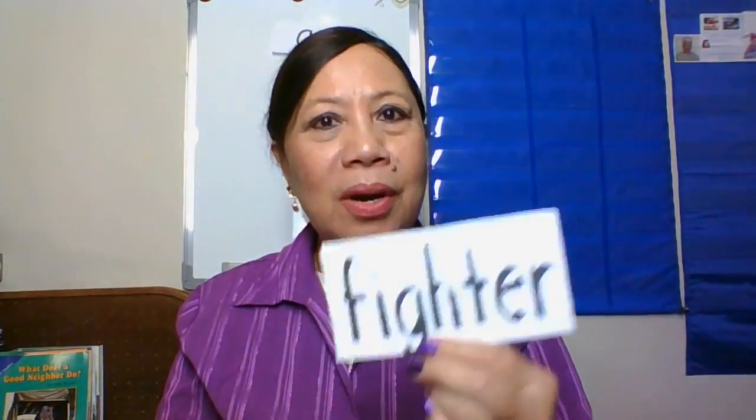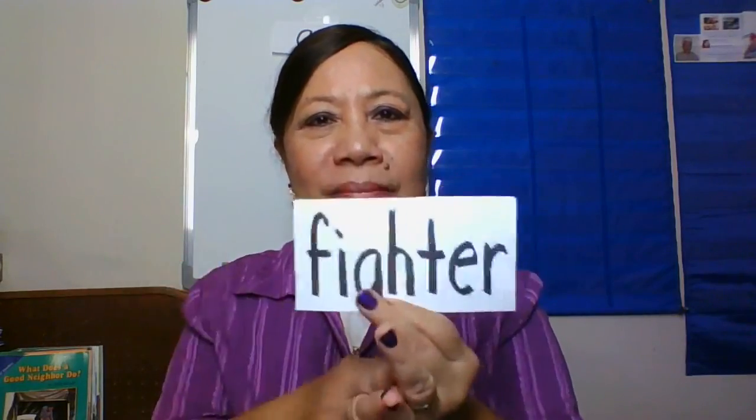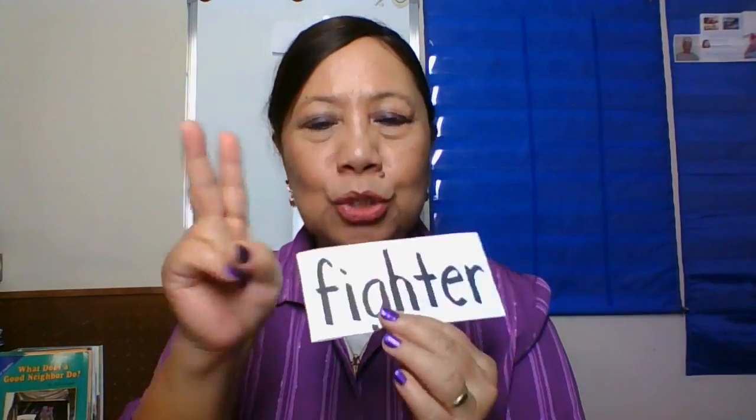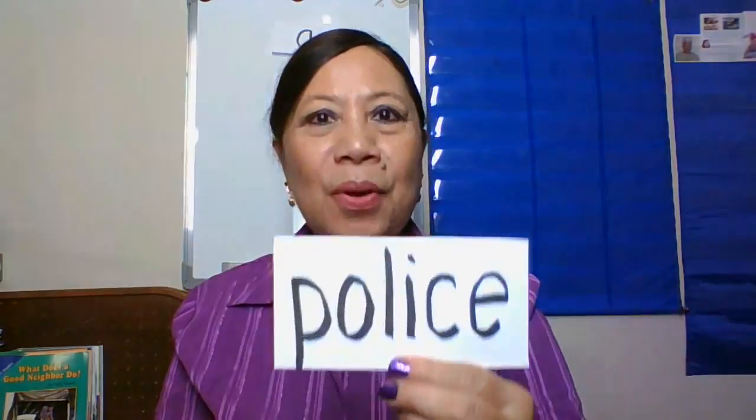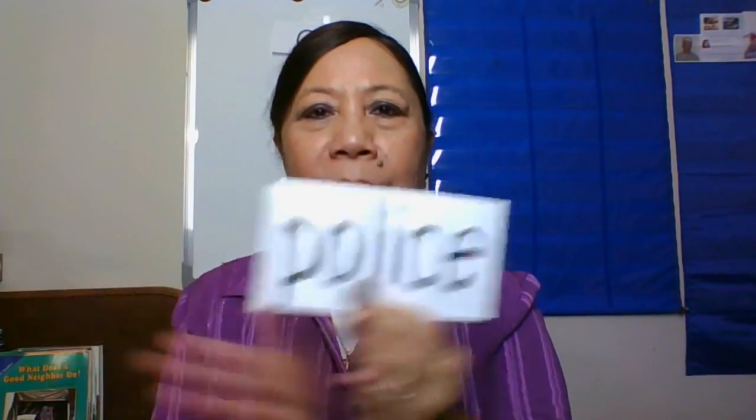How about this word? Fighter. Try it. How many times did you clap? I clapped 2 times. I hope you clap 2 times because fighter has 2 syllables. Now, let's clap on this word. What is this word? How many times did you clap?